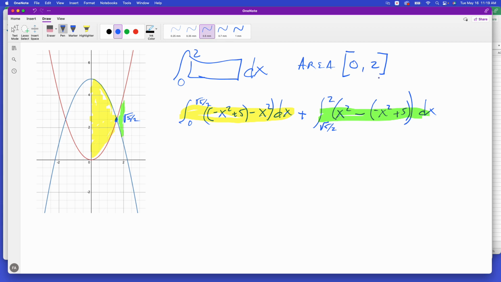We're including the endpoints. Find the area between 0 and 2 of function f and function g, where this was f and this was g. And what we did here was f minus g, and what we did here was g minus f. And we switched that where the two functions were equal to each other. And of course, f was equal to g at x equal to root 5 over 2.